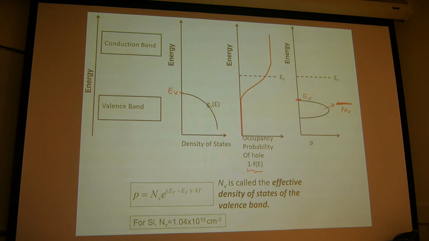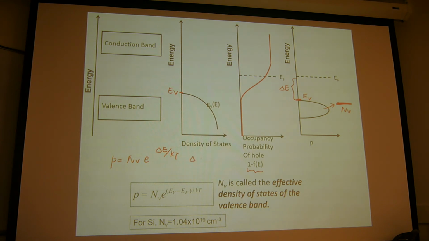Similarly, this is the distance delta E over KT, where delta E is the distance between EV and EF.